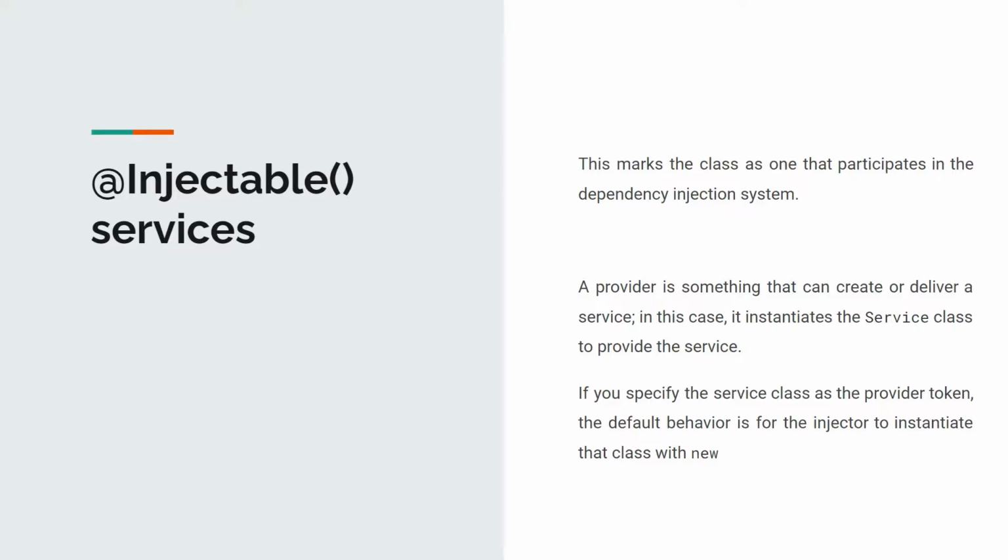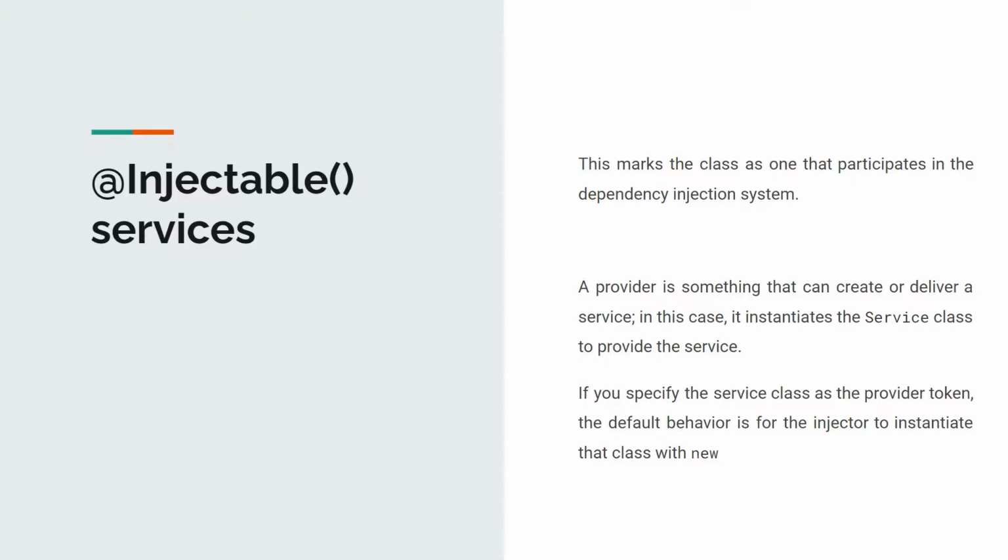That integration happens using dependency injection. So for dependency injection, the Angular dependency injection system needs to know that there is a service for a particular thing. The Injectable decorator makes sure the dependency injection system knows that there's a service.